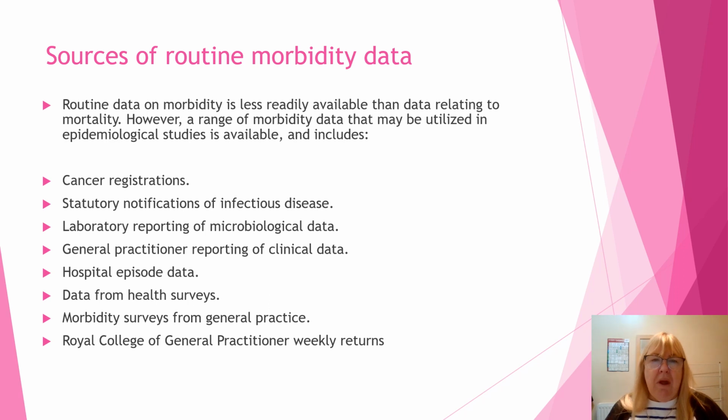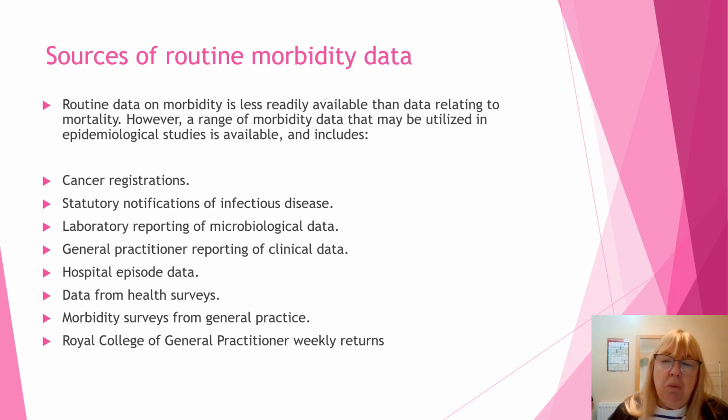So where do we get all this routine morbidity information from? Data on morbidity is not quite so easily available as mortality because everything comes from the death certificate. The death certificate has to happen for everybody. It's very easy to get the information. Morbidity is maybe not quite as clear.